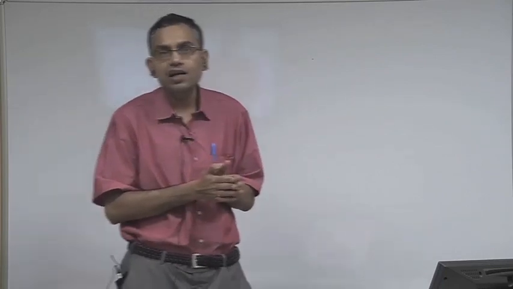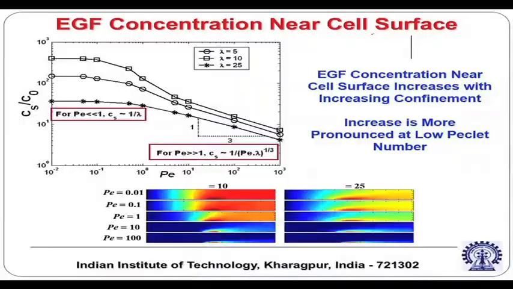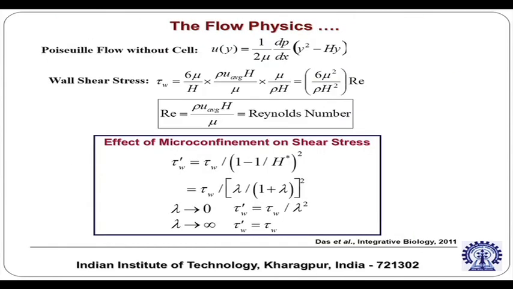So in these particular results we do not bring out the effect of flexibility, but we bring out the effect of confinement, and we have clearly shown that EGF concentration increases with increasing confinement.